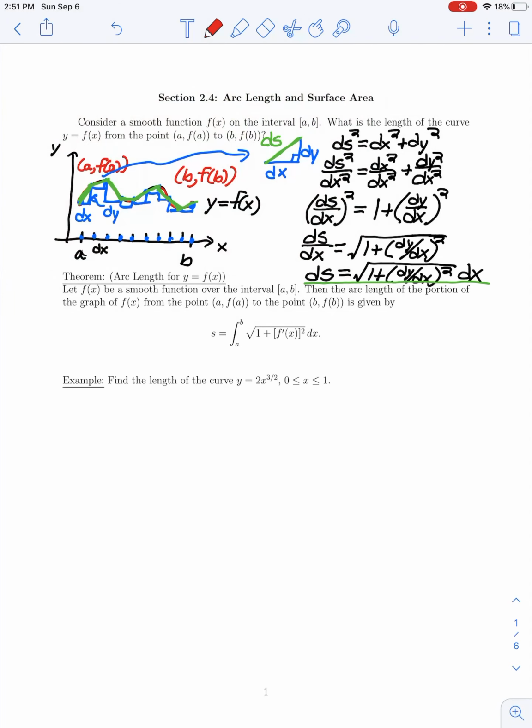So what we've derived is the following formula for the arc length of the graph of a function y equals f of x. Here's what it says formally.